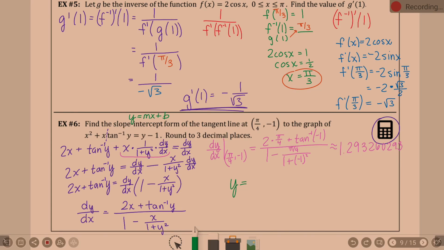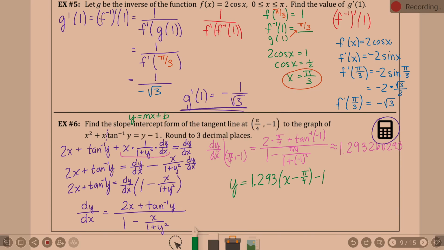But can we start with the form we normally use, that modified point-slope form, and then adjust it? In other words, can I go ahead and say y equals, okay, I used 1.293 as my slope, rounded to 3 decimals, times x minus pi over 4, and then minus 1.